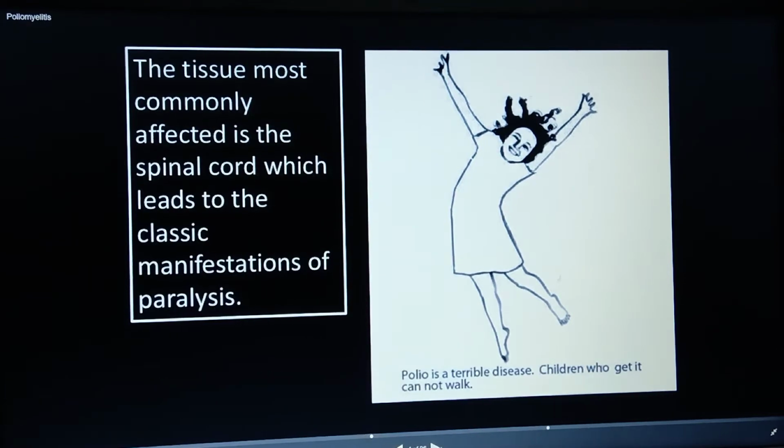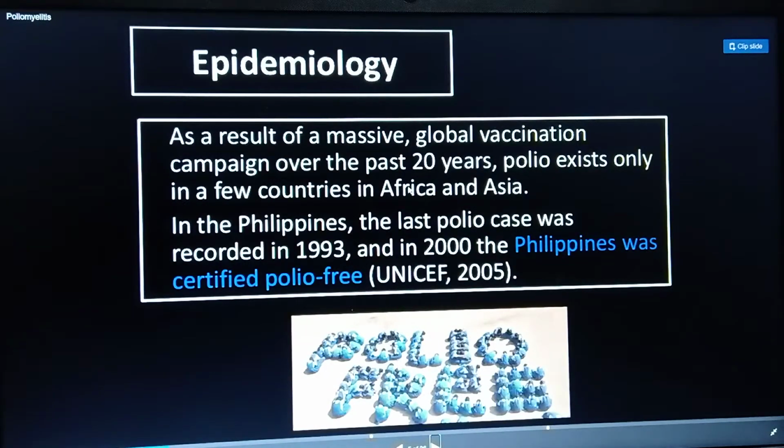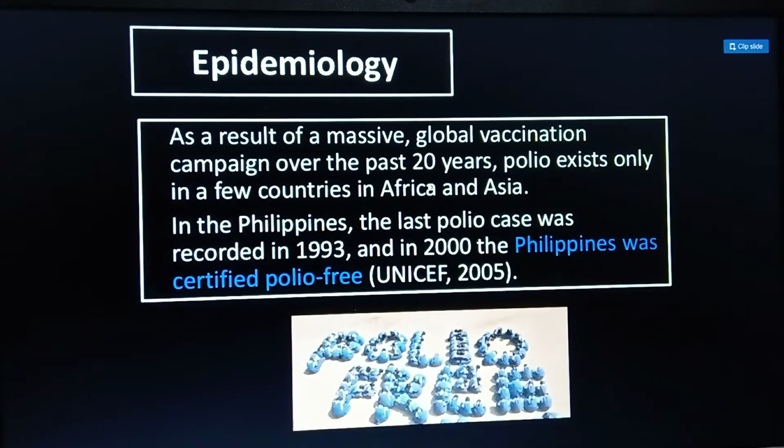Okay, and next we'll be dealing with the epidemiology. Whenever you are looking at the epidemiology, overall it is global, and people are affected by this kind of polio virus.